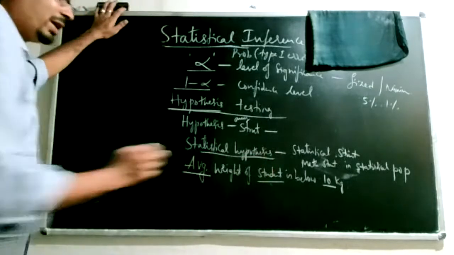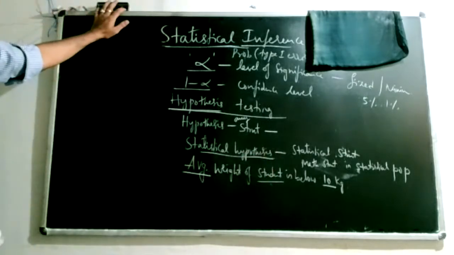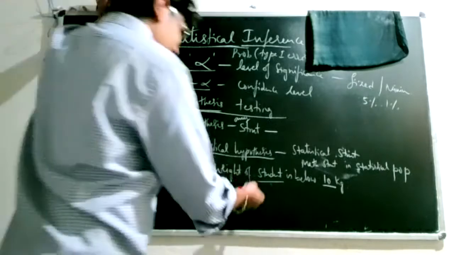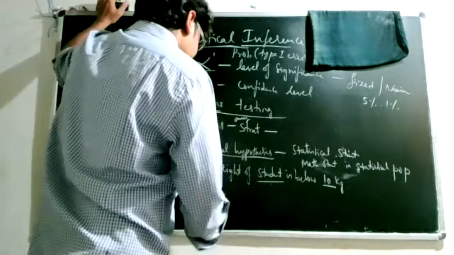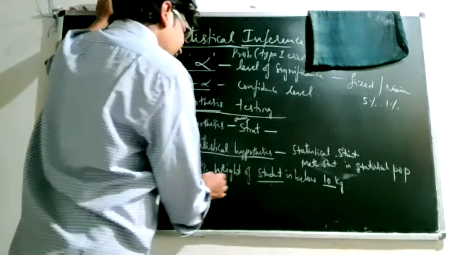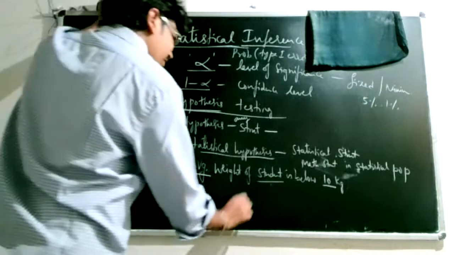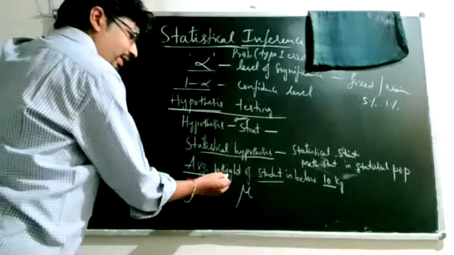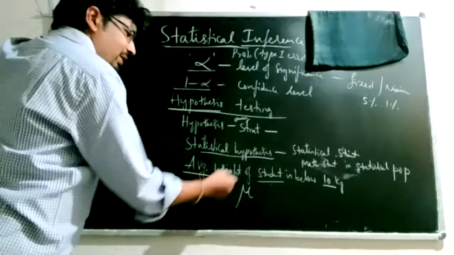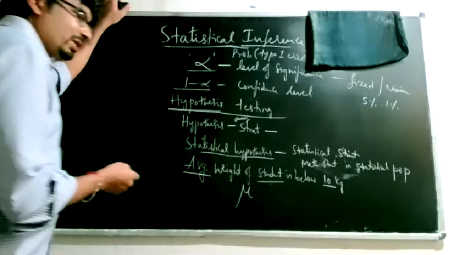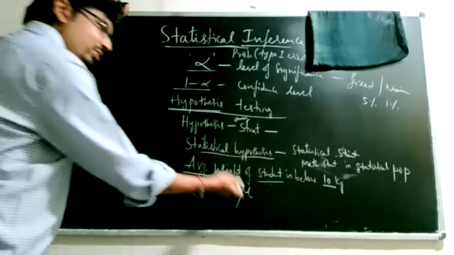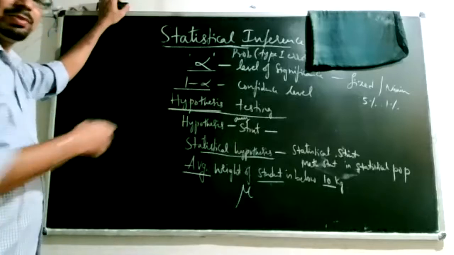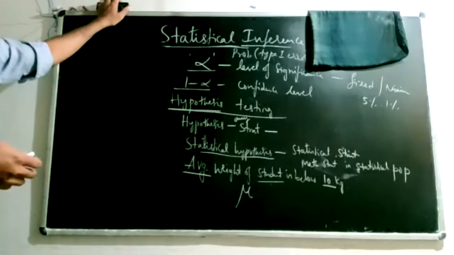Now you can simply write this using mathematical equations or symbols. Population average is indicated by mu. In this concern, my variable is weight, so I'm indicating mu as average weight. If you talk about height, then also I can use mu.